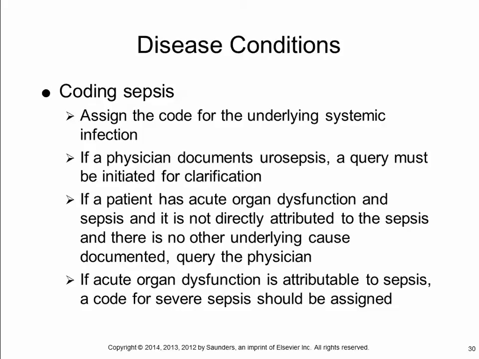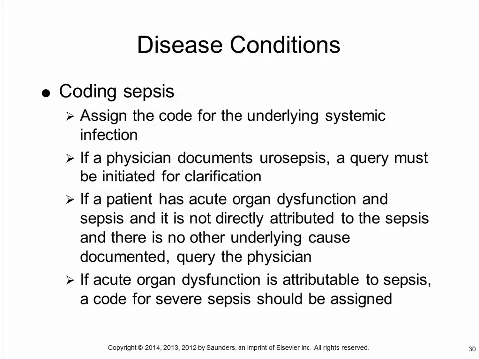Let's say a patient has organ dysfunction and sepsis, but that sepsis is not tied to the organ dysfunction or linked to it by the physician's documentation. If that is the case and you can find no other cause for that organ dysfunction, then you need to query the physician for clarification.